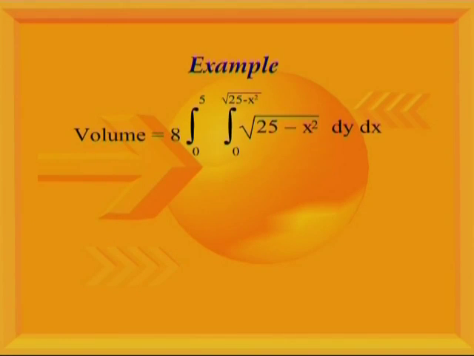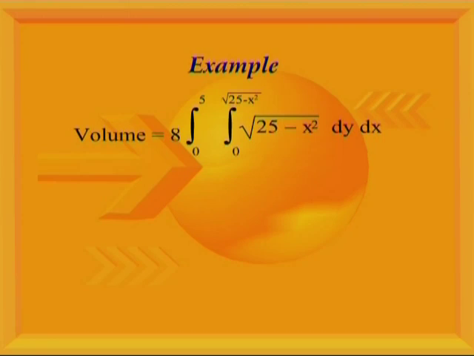The function which we are going to integrate, that will be x square plus z square is equal to 25, and from here we can find z is equal to square root of 25 minus x square. So we will integrate square root of 25 minus x square first with respect to y and then with respect to x.